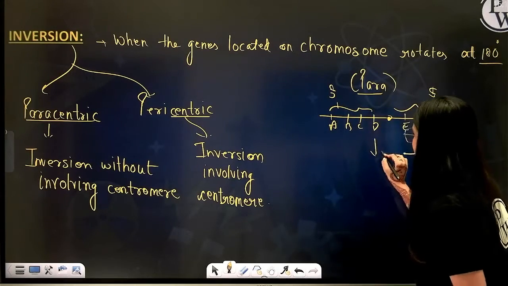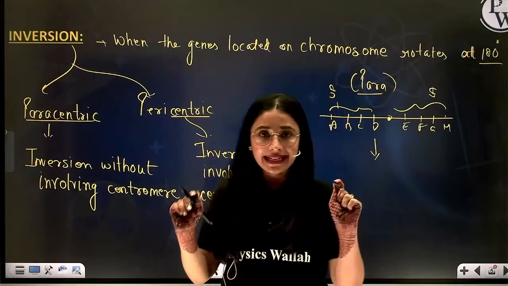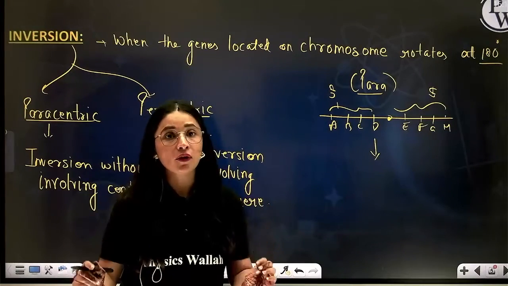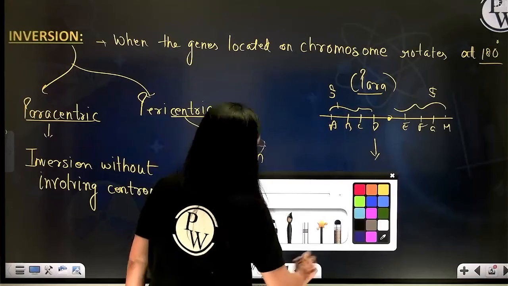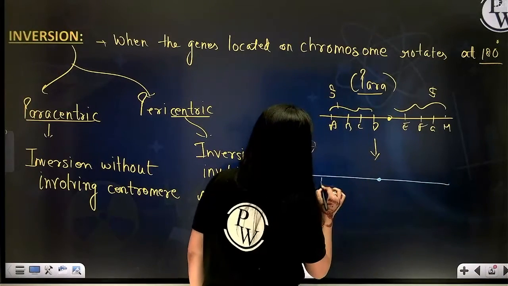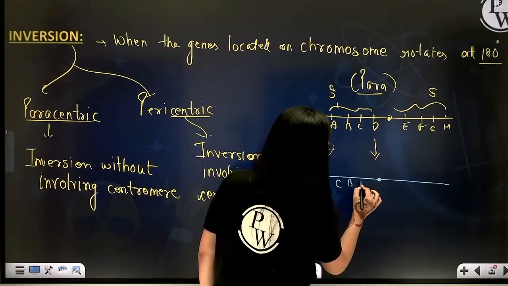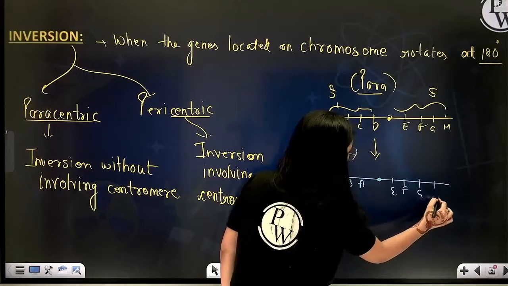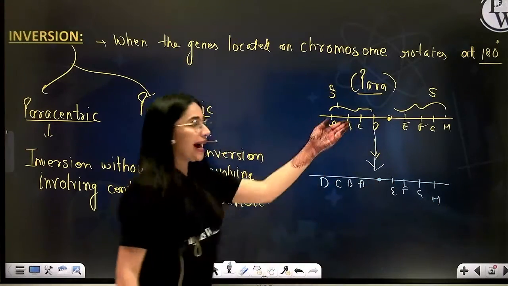If paracentric inversion takes place, then rotation of genes will occur without involving centromere. That means the new arrangement is D, C, B, A.